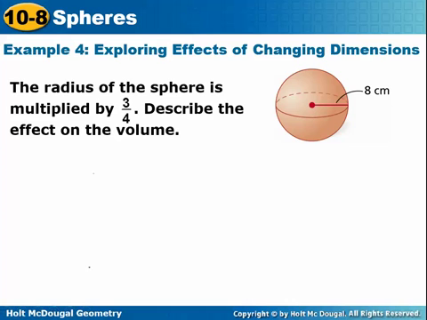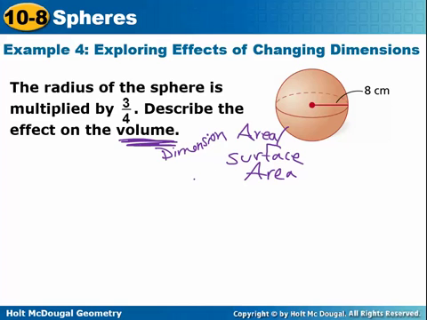Okay, the effects of changing dimensions. You have to know, because this section is the only one that is on both volume and surface area. So it's very important that you look at what they want. Do they want you to describe how the volume would be affected, or how the surface area is affected? Surface area and area, just plain old area, is the same.